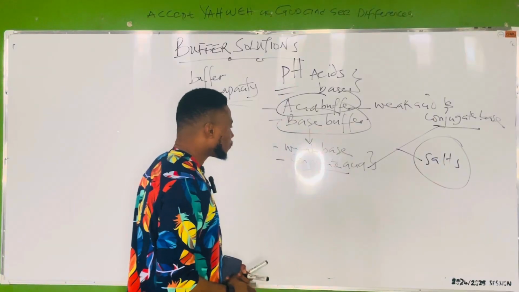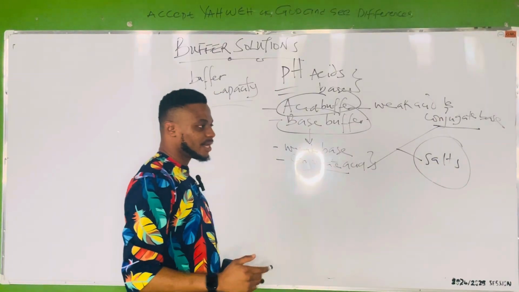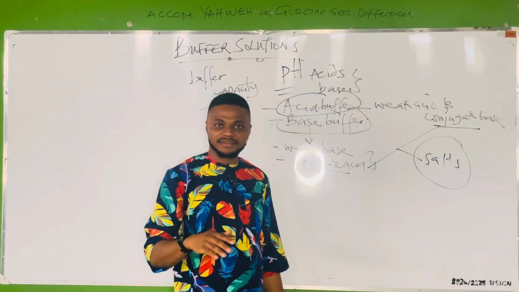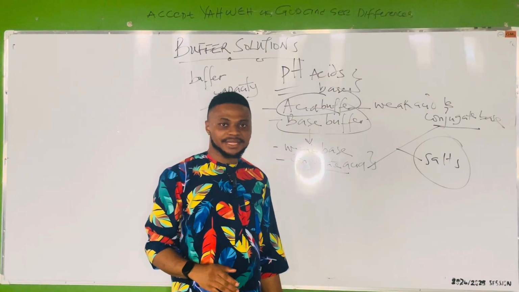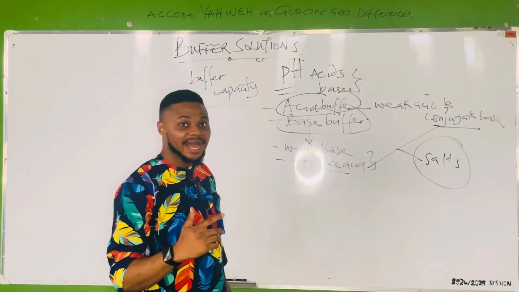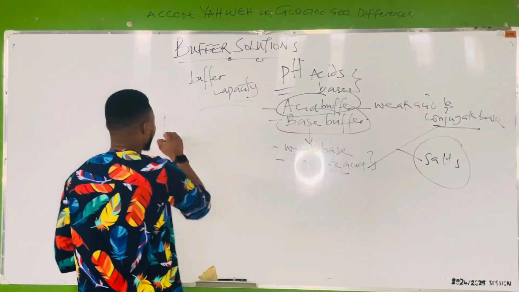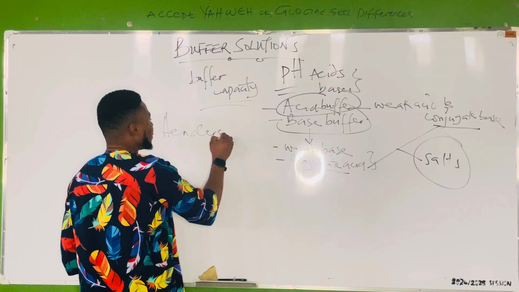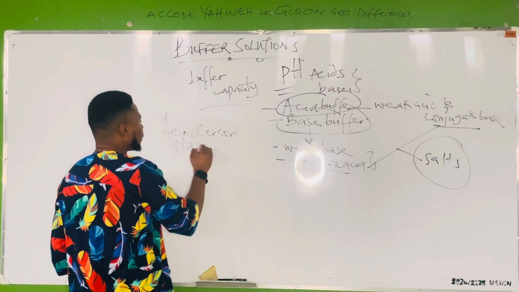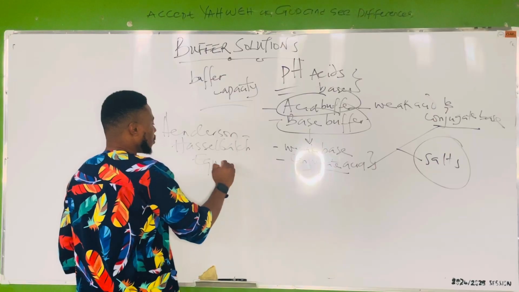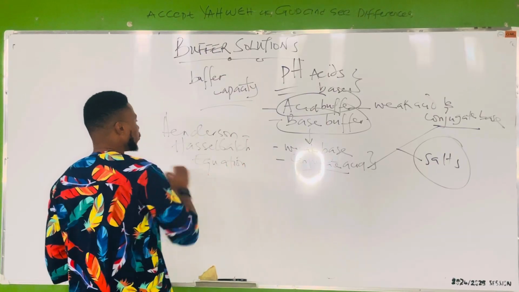All right. So now there is a theory that actually helps us to understand the behavior of buffer solutions. And of course, that theory led to an equation which is called the Henderson-Hasselbalch equation.